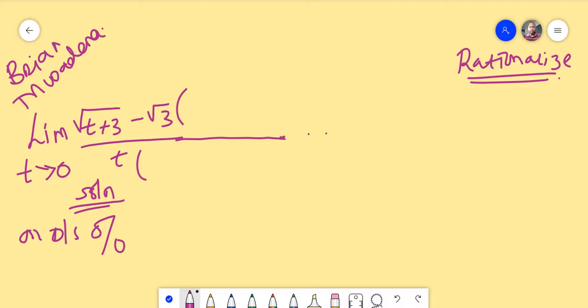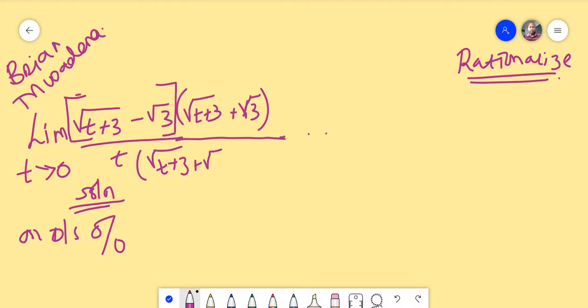So we multiply by root t plus 3 plus root 3, where the conjugate of minus root 3 is plus root 3. I'll put brackets to avoid confusion, and we also multiply the denominator by root t plus 3 plus root 3.